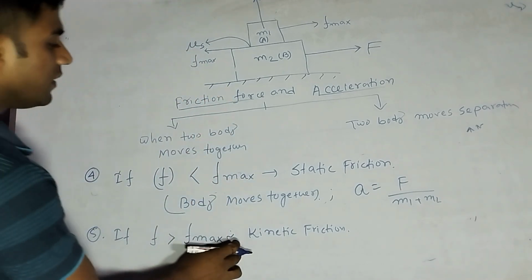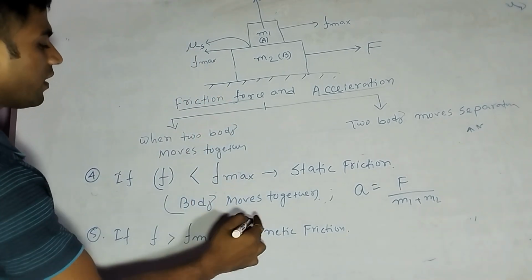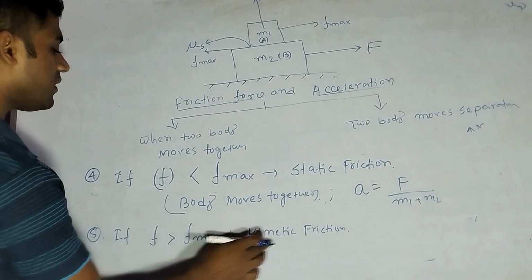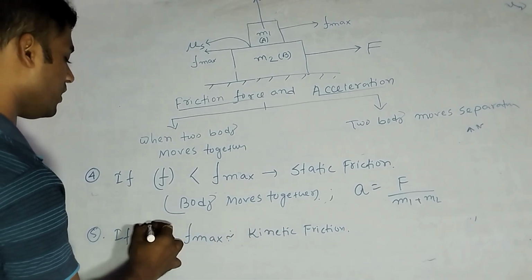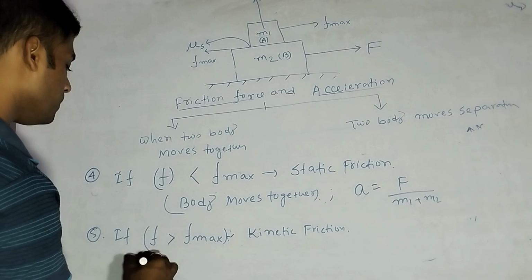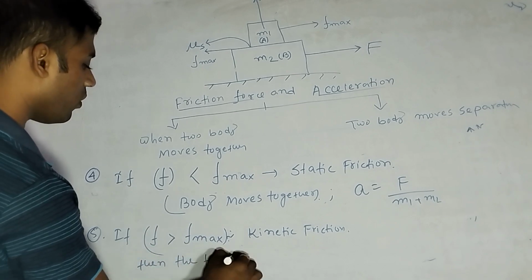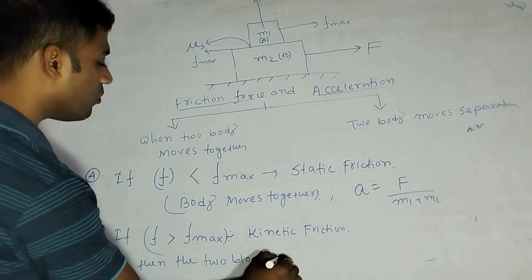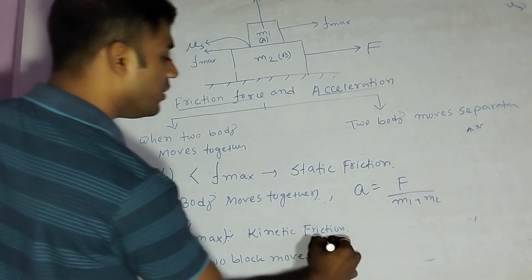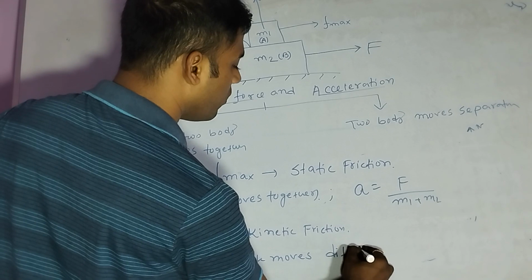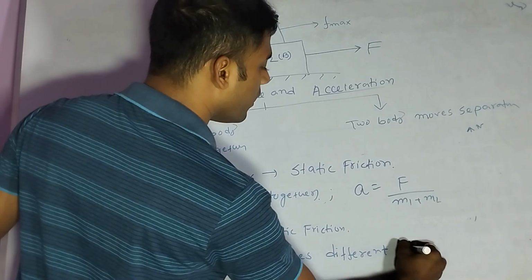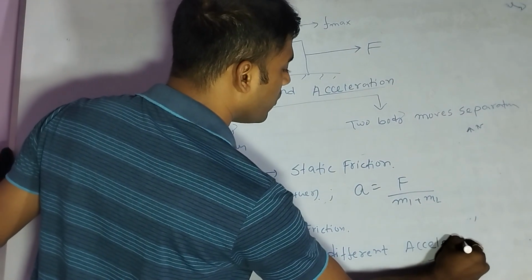In this case, acceleration is also calculated differently. If friction is kinetic friction, this is the condition. Then the two blocks move with different accelerated motion.